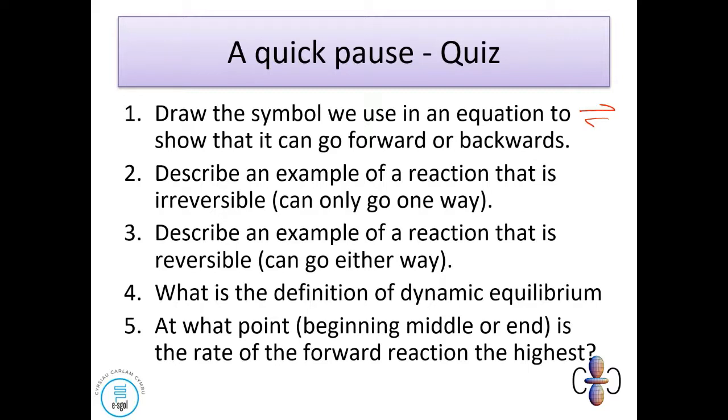An example that is reversible, well, you've got two that you carry through from GCSE if you did triple award, which is the contact process of sulfur dioxide into trioxide, and then the formation of ammonia from hydrogen and nitrogen. So take a pick. I'm an avid fan of not crowding your brain with things that aren't necessary.